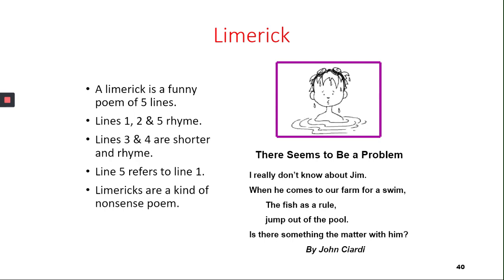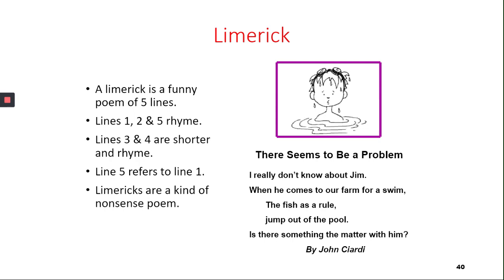For example, There Seems to Be a Problem by John Ciardi. I really don't know about Jim. When he comes to our farm for a swim, the fish as a rule jump out of the pool. Is there something the matter with Jim? Okay, do we get it? Do we get the poem? No. What the topic is all about is that I really don't know about Jim.